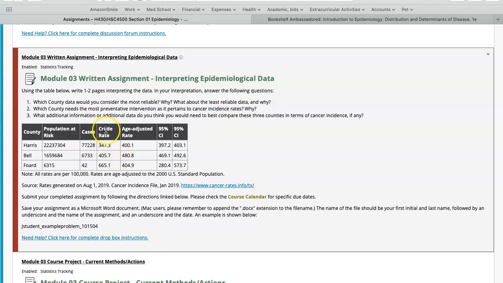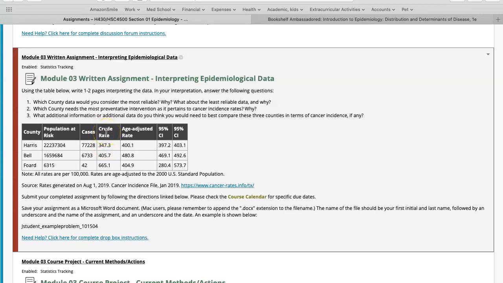So your crude rate, we discussed crude rate. It's also discussed in chapter 3 of your textbook. A crude rate is basically a division problem, the number of cases in that population per 100,000.